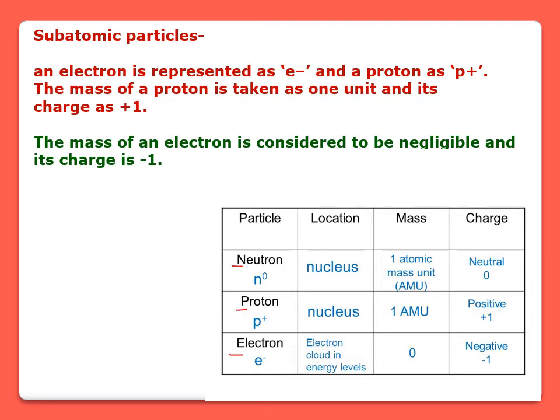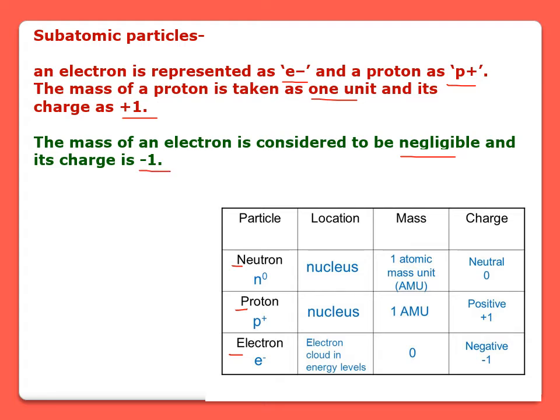Electron is represented as e minus, and proton is represented as p plus. Electron has a negative charge and proton has a positive charge. The mass of a proton is taken as 1 unit and its charge is plus 1, and the mass of an electron is taken as negligible and its charge is minus 1.